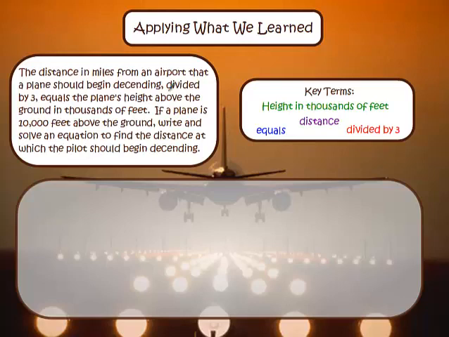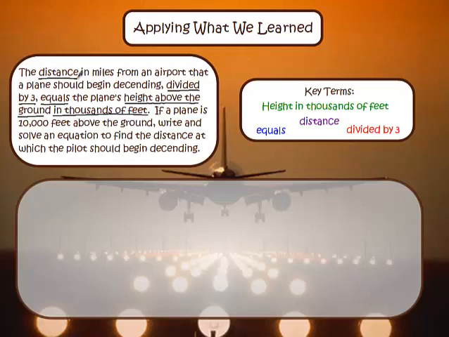So the first thing I always like to do is highlight or find key terms. So some of these key terms are divided by 3, equals, height above the ground in thousands of feet, and we are looking for distance. Here's one too.